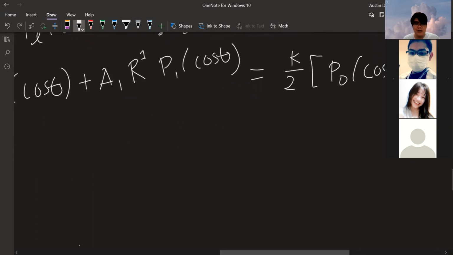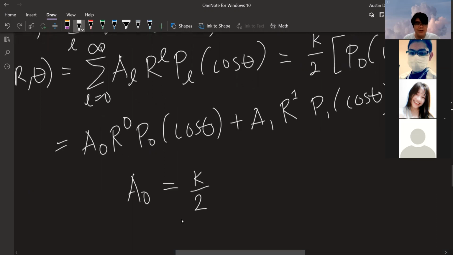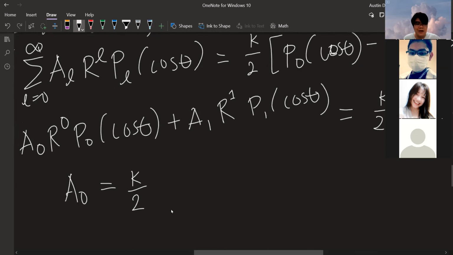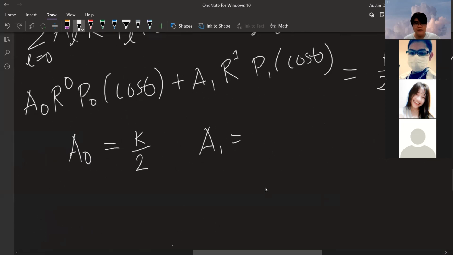So, yung P0, dapat ka-partner niya si P0 din. So, A0, R0 is just 1, diba? Okay, so hindi ko na siya susulat. Must then be equal to K over 2. Tama. Ito lang yung katabi ni P0 dito ay A0. Yung katabi ni P0 dito is K over 2. So, dapat yung dalawang katabi ng magkatabing yun equal. Okay? And then, A1 has to be negative K over 2R.